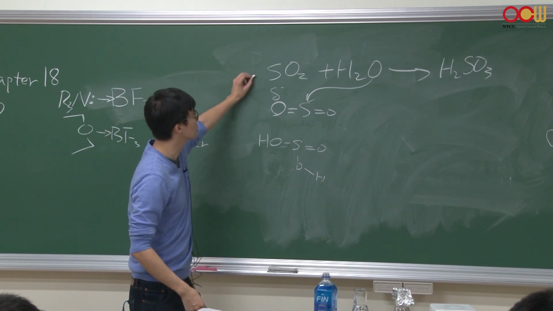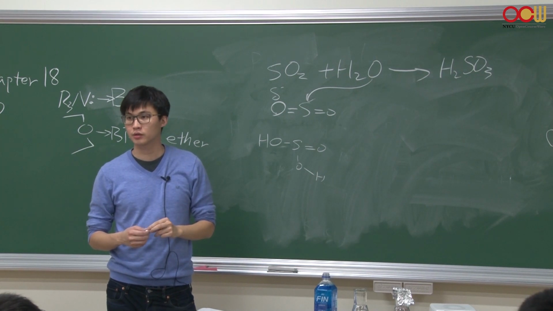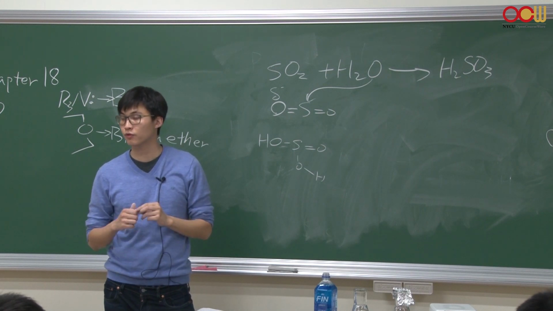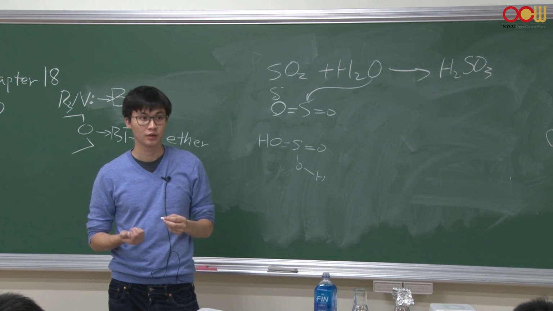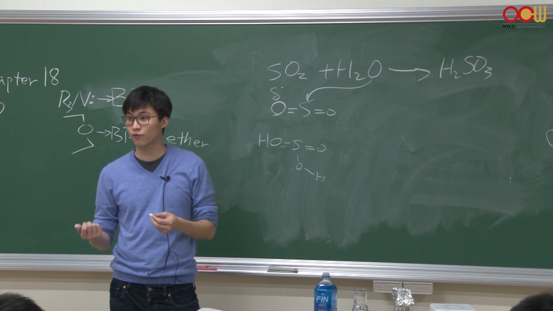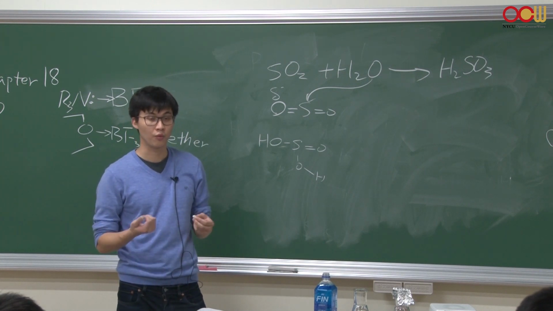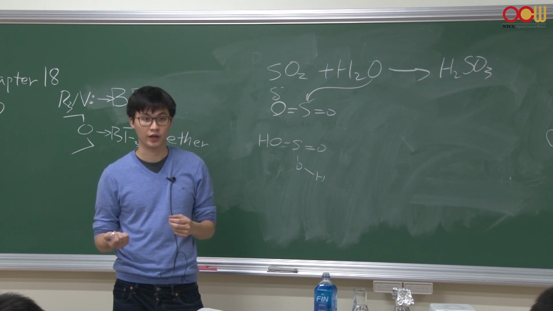Why do I bring up this SO2? Everybody likes to ride a car, right? Where does fossil fuel come from? Animals and plants, and we know there are amino acids that have sulfur in them. So naturally, when we just dig fossil fuel out of the oil well, there is some sulfur in it.